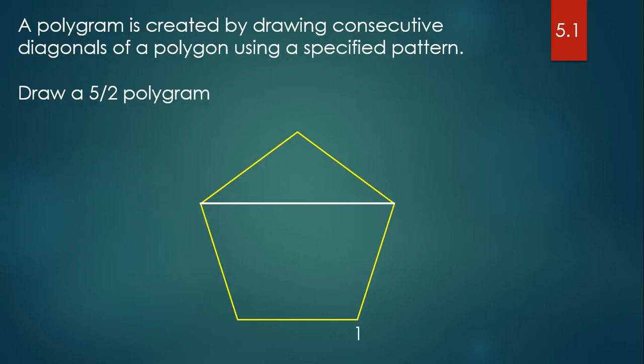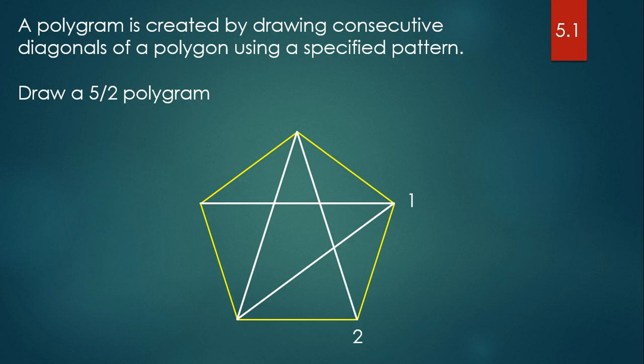So we'll count 1, 2, and connect the end of the last diagonal to where we stopped counting. And we're just going to continue that all the way around. So we'll count 1, 2, and connect. And then 1, 2, and connect. And then 1, 2, and we're finally back to where we started. So we've got a 5-2 polygram.